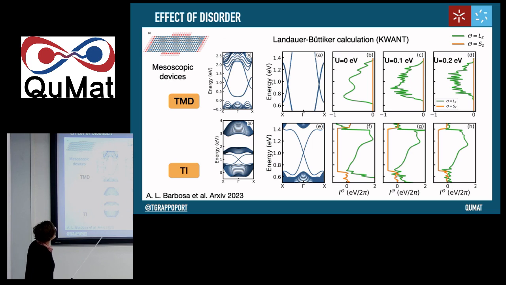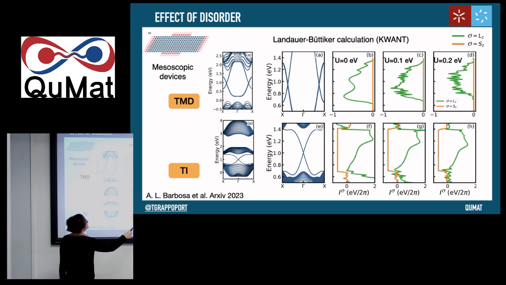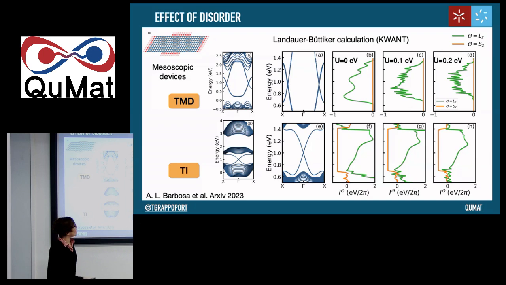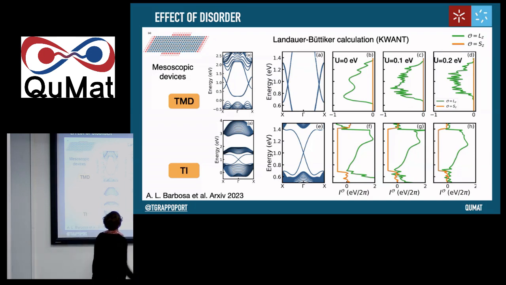Now we can also look at the effect of disorder in a system like that. We move to a bigger system and look at the energy region inside the gap. Again, comparing TMD and TI, we see here the orbital Hall conductivity in the TMD. It survives inside the gap, it survives disorder, but it's not immune to disorder. It's modified by disorder.